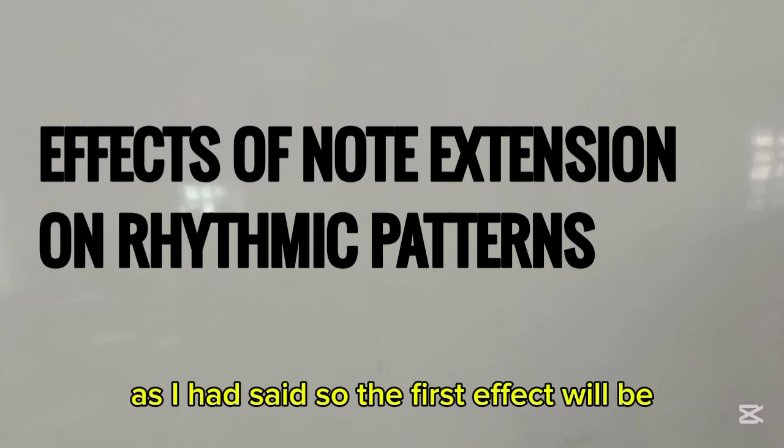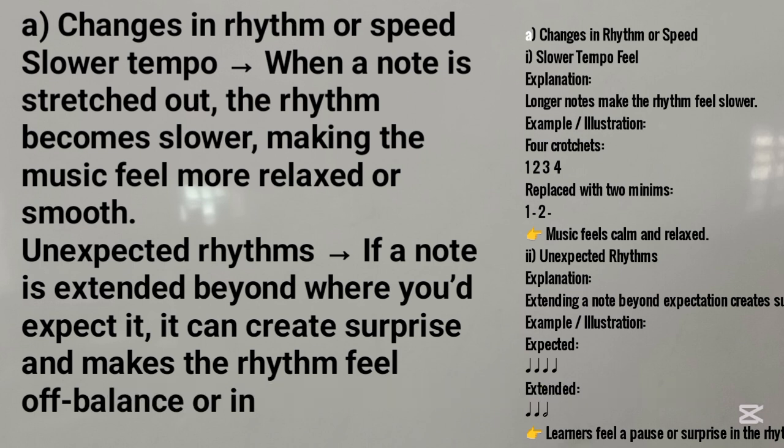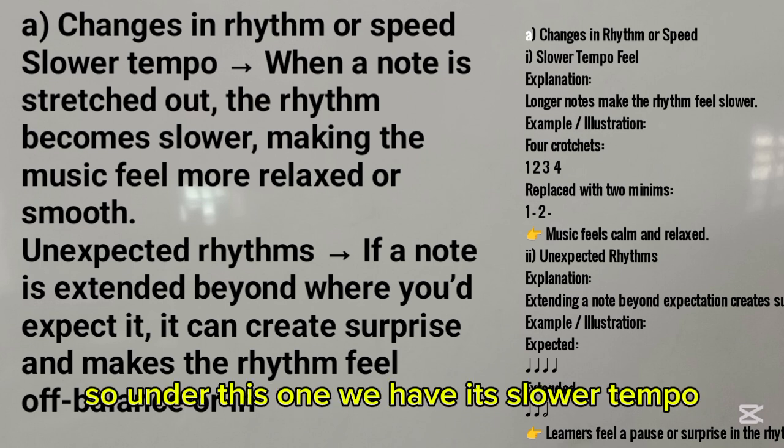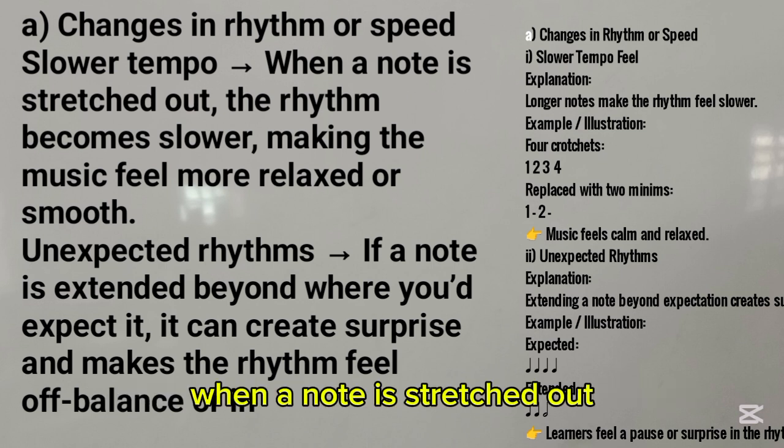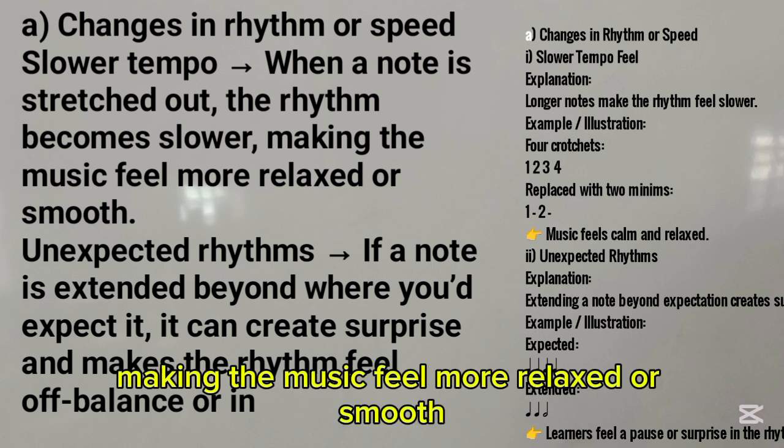So, the first effect is a change in the rhythm and speed of the music. Under this one, we have a slower tempo. When a note is stretched out, the rhythm becomes slower, making the music feel more relaxed or smooth.